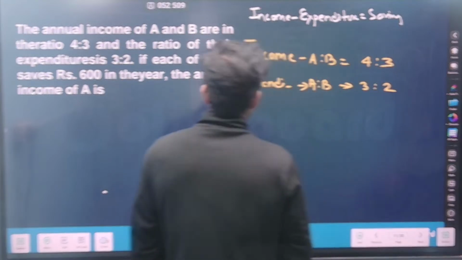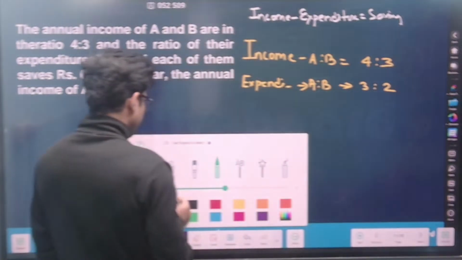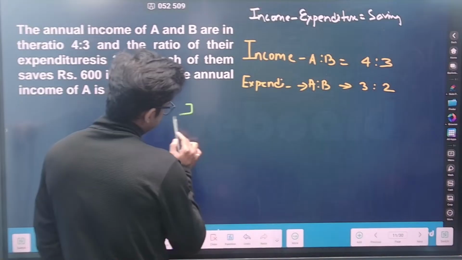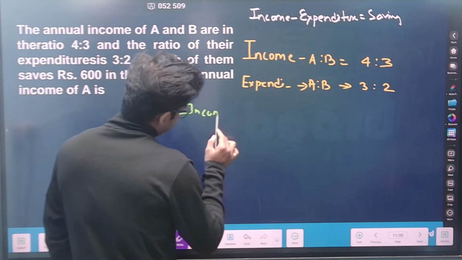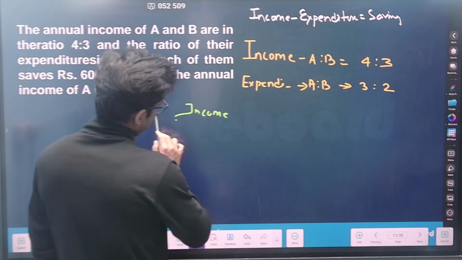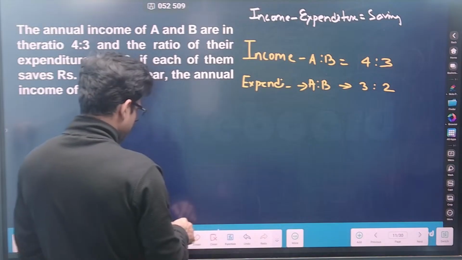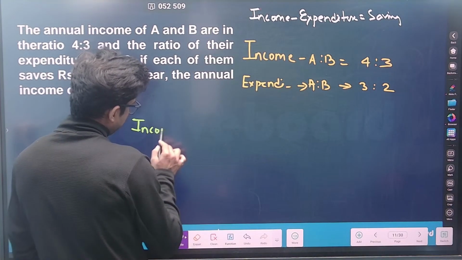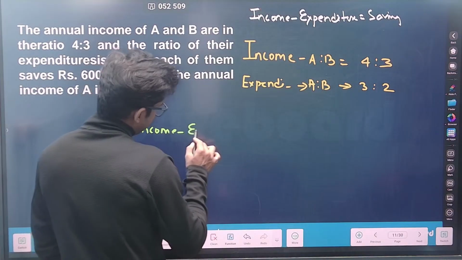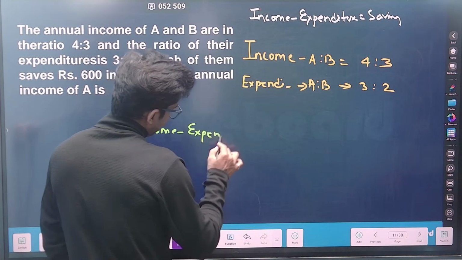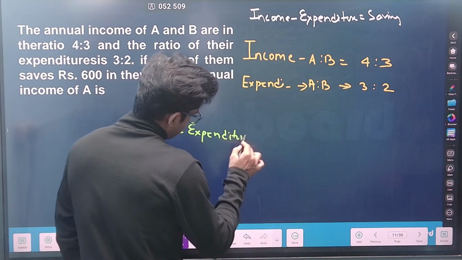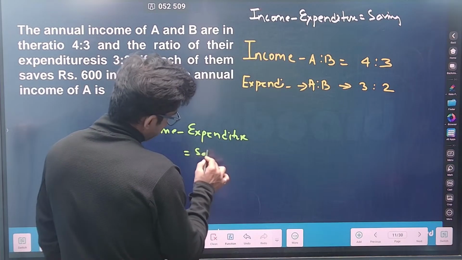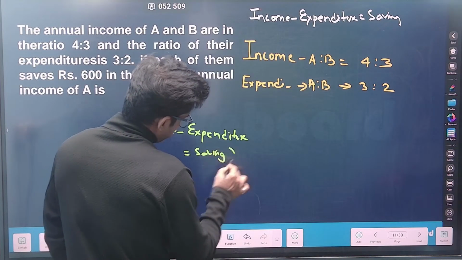Now we know what? We know income minus expenditure is equal to saving. This we know.